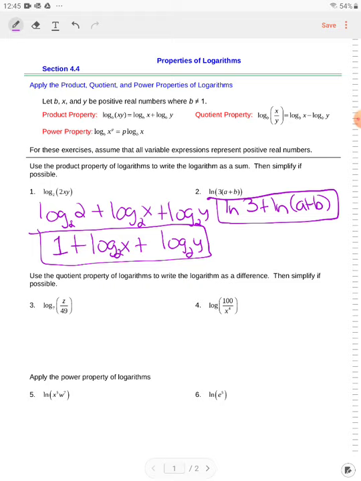Number 3, use the quotient property of logarithms to write the logarithm as a difference. Then simplify if possible. Again, notice on number 3, you have 2 terms. So this is log z, whatever's in the numerator with 2 terms goes first. Log z base 7 minus log 49 base 7. Now, if I remember, I could write 49 as a power of 7, or I could use my calculator and do change of base.